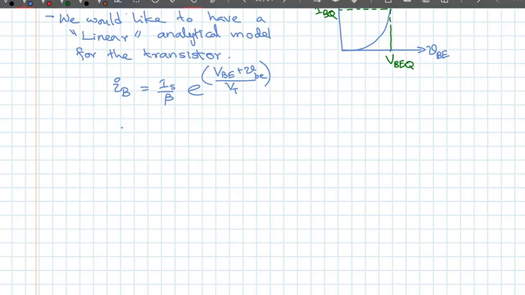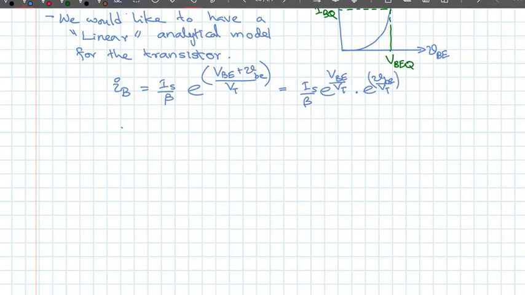So what we have is an expression like this. So I can write this as IS over beta e to the power VBEQ over VT times e to the power simple vbe over VT.